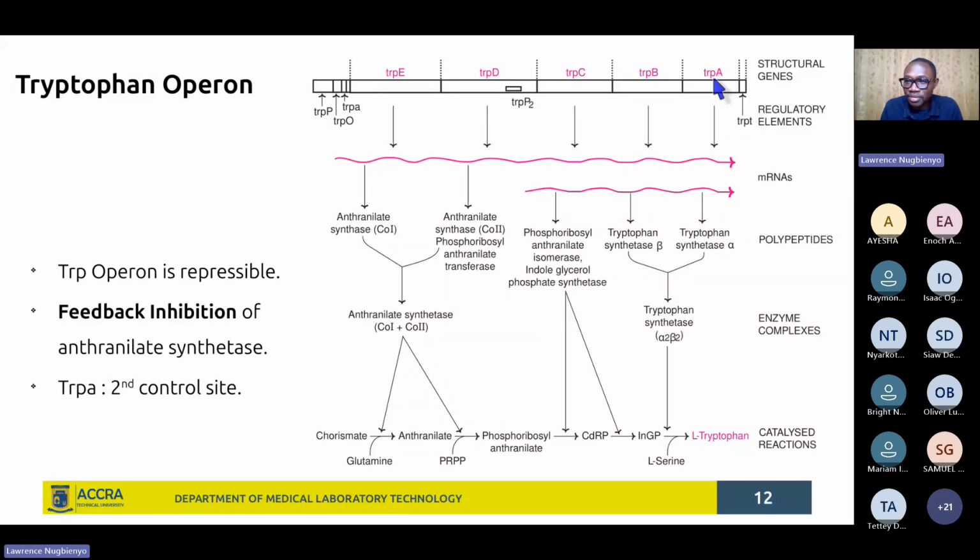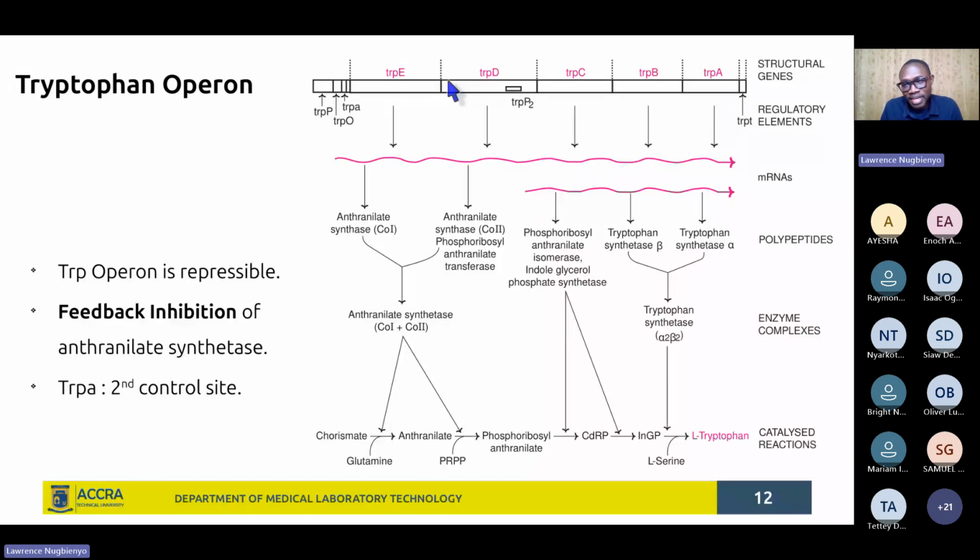And these are labeled A, B, C, D, E. Reading from the right-hand side, you have A, B, C, D, E, which means this operon is coding for 5 proteins. The Lac Operon was coding for 3. This one is coding for 5.